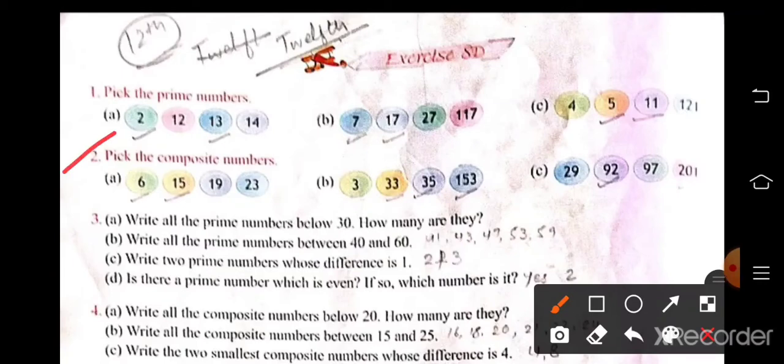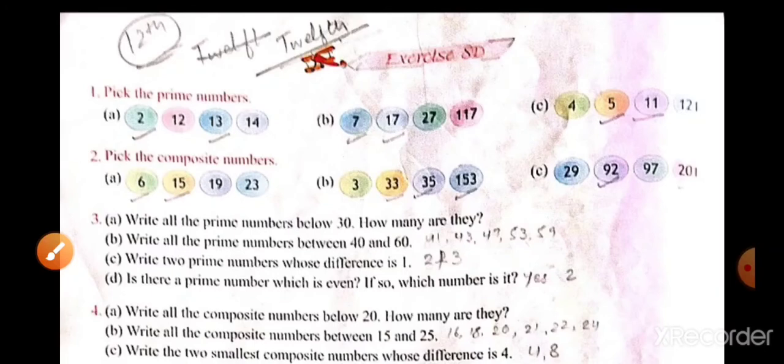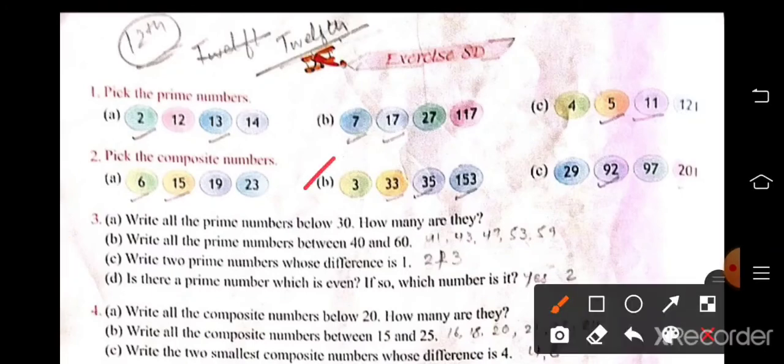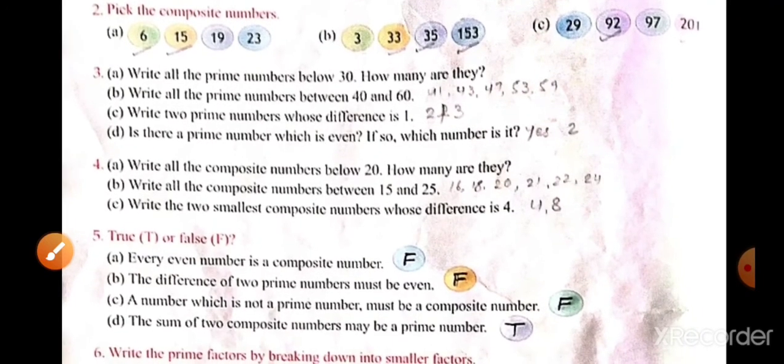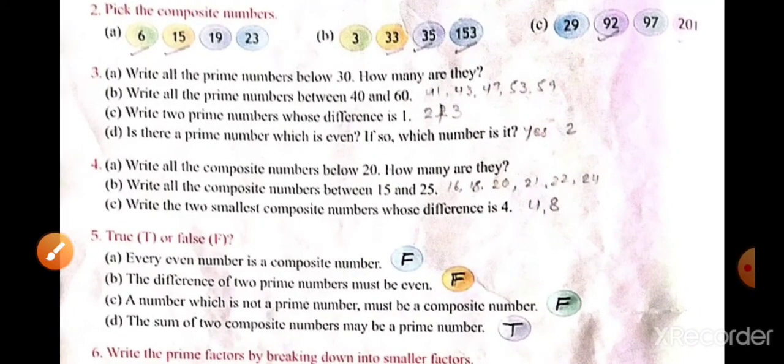Now question number 2, pick the composite number. So here 6 and 15 are composite numbers because they are divisible by another number. Okay, so B and C is your homework. Now question number 3, write all the prime numbers below 30.